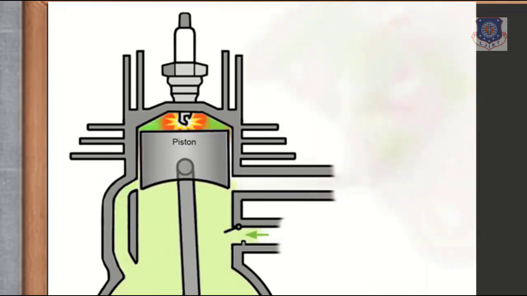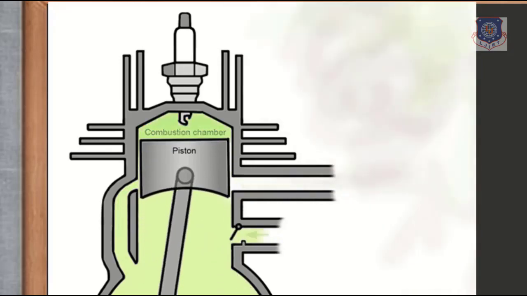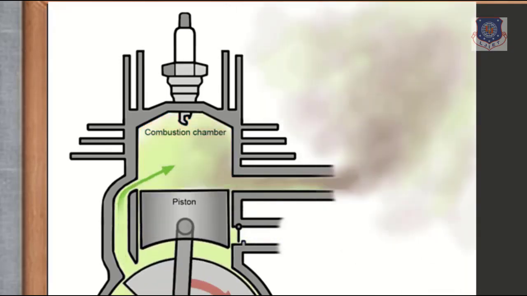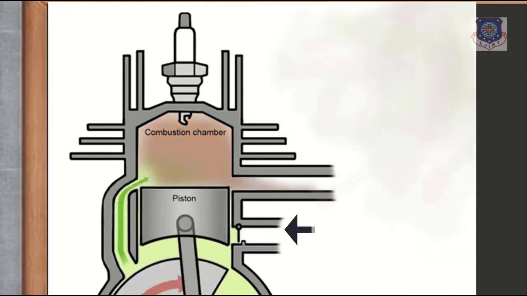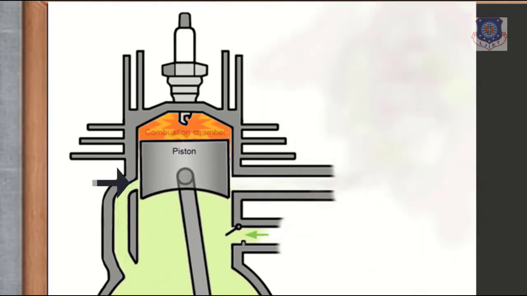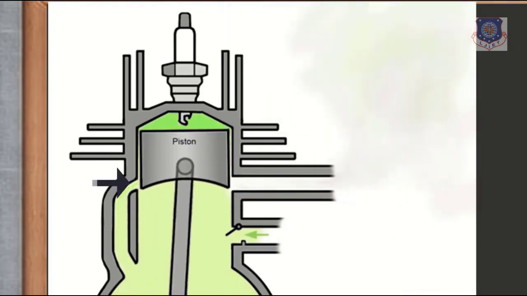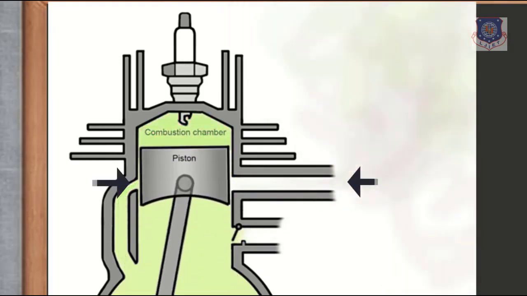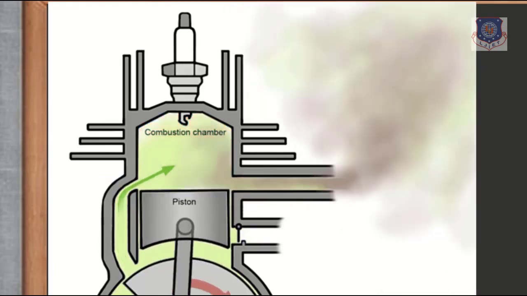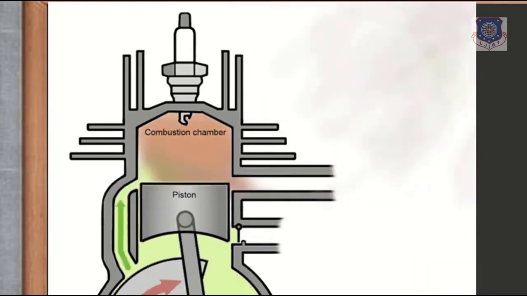What is happening here? When the piston leaves BDC, it will open the inlet port, that is the reed valve. Thereafter it will close the transfer port, and thereafter it is closing the exhaust port. Fine. So it is a simple logic, and on this logic we will build its port timing diagram.